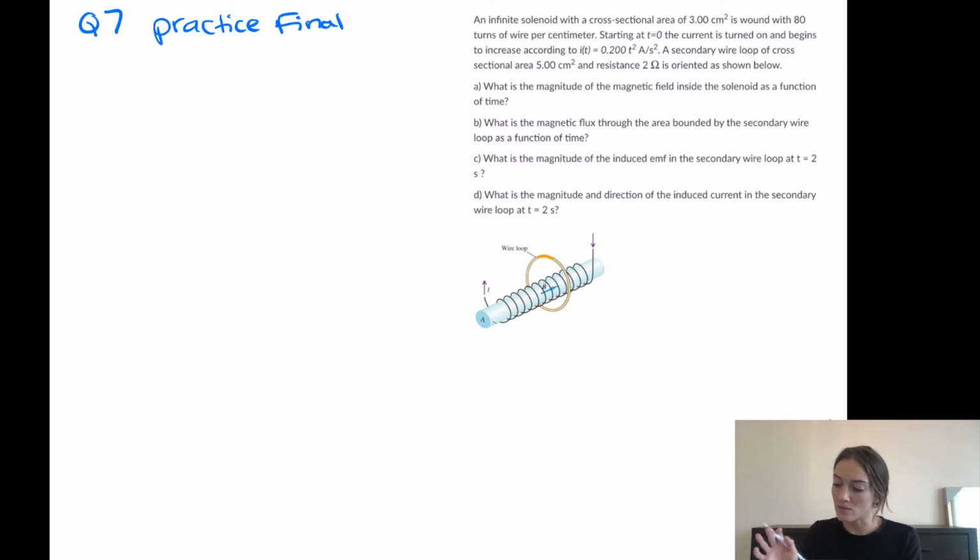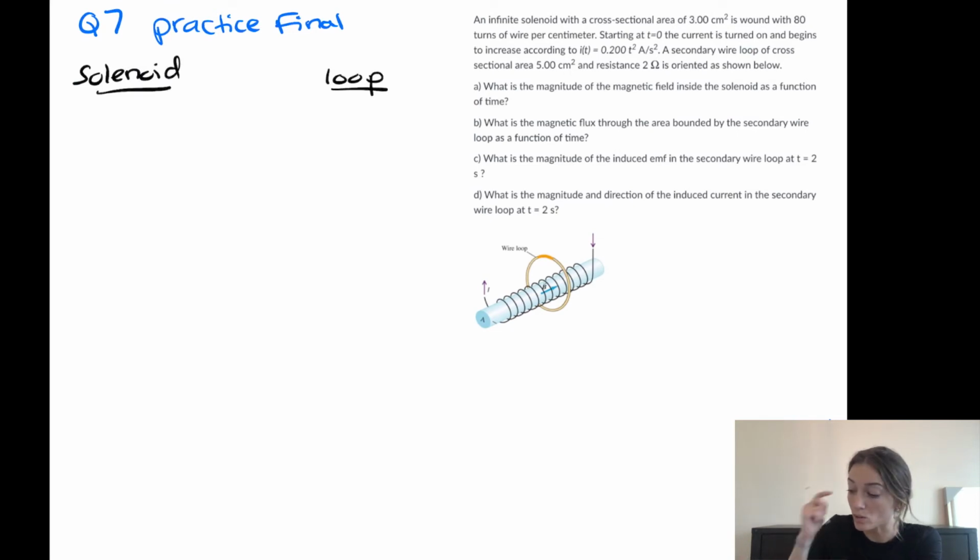So what I recommend doing is we have a large solenoid and a wire. So write down everything for the solenoid and then write down everything for the wire loop. For an infinite solenoid, we have an infinite solenoid with a cross-sectional area of 3 centimeters squared. So the solenoid has an area, we'll call that AS, of 3 centimeters squared.